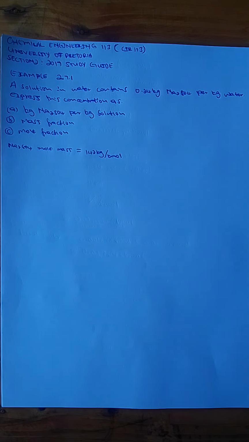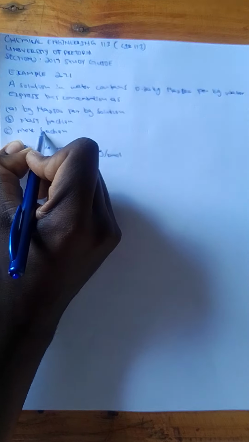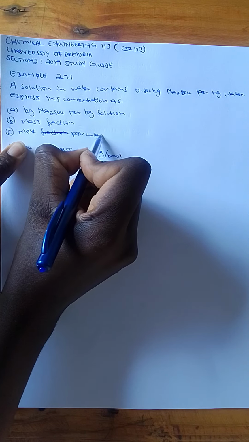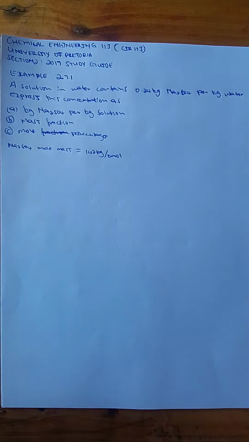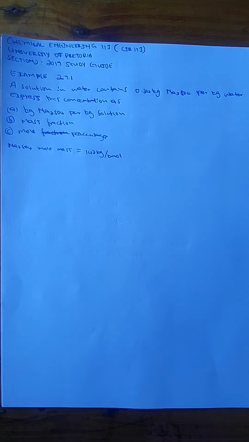Now the question is, express this concentration as A, kilograms Na2SO4 per kilogram solution, B, mass fraction, C, mole, not fraction, rather mole percentage. Let me just fix it here. Mole percentage.